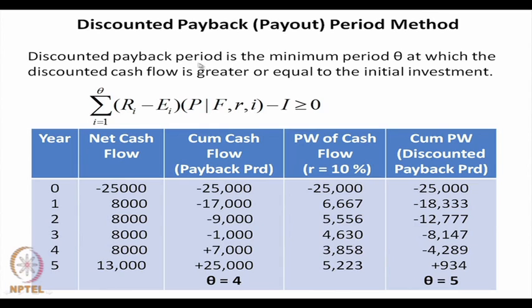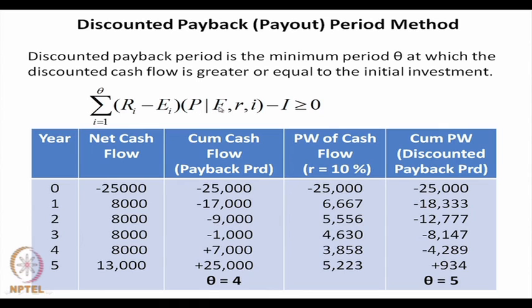To take care of the time value of money, sometimes the discounted payback period is calculated. So, here what is done, this is a concrete example: the net revenue minus expense, the net income, its present value is found out.